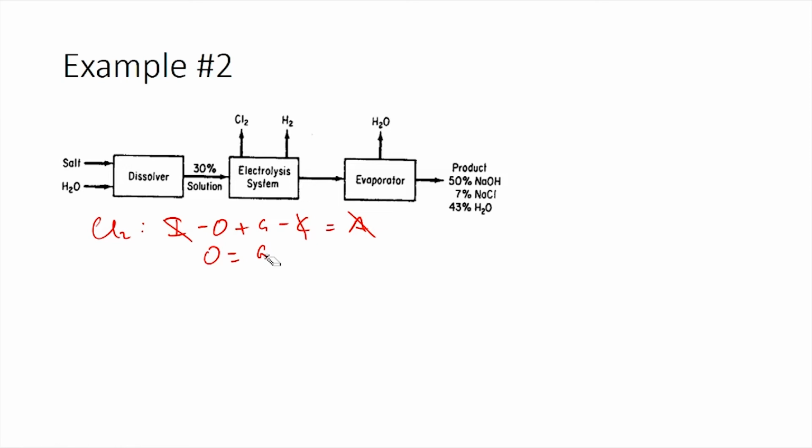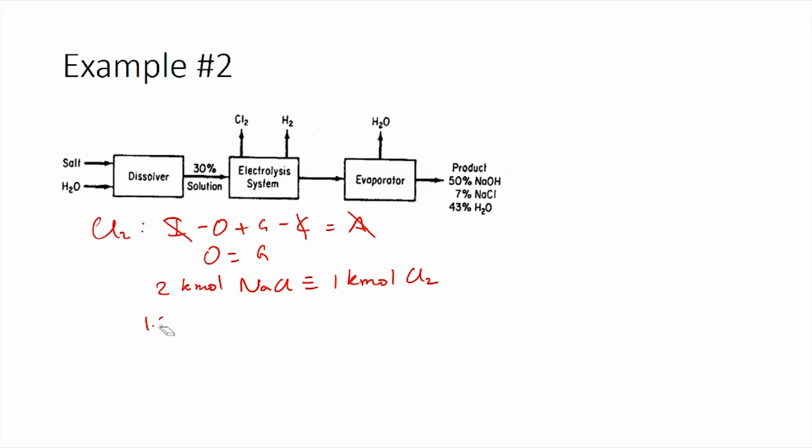So, if we look at the stoichiometry, what we identify is for every 2 moles of NaCl consumed, you have 1 mole of chlorine produced. So, you have 2 kilomoles of NaCl consumed produces 1 kilomole of chlorine being produced.